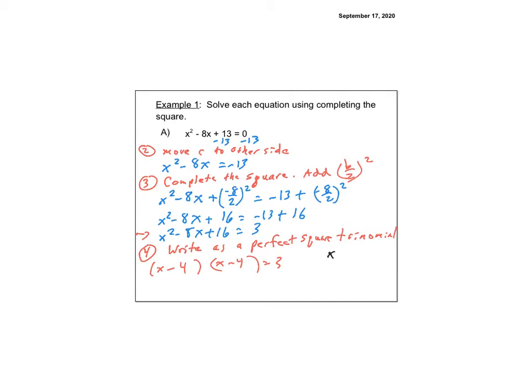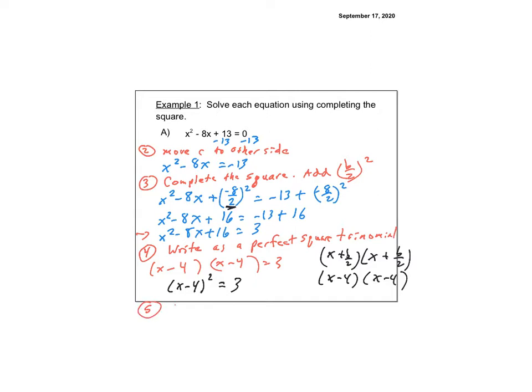A perfect square trinomial is supposed to look like this: x plus b over 2 and x plus b over 2. Well, your b over 2 is negative 8 divided by 2. What is negative 8 divided by 2? It's negative 4. So it's x minus 4 and x minus 4. Either way, you end up down here with x minus 4 squared, because there are 2 of them, equals 3.